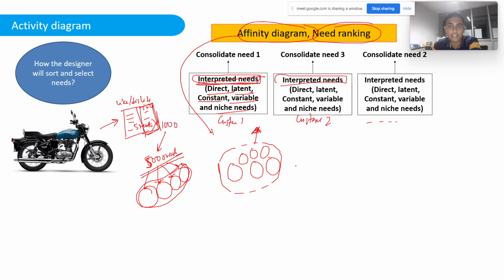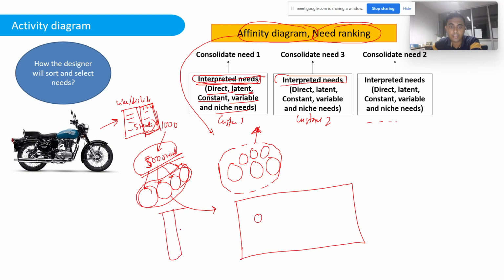We have this pool of 5,000 needs, and one by one you map them. Initially you have 5,000 needs, like 1, 2, 3, up to 5,000. You start from one, and first put it on a board.